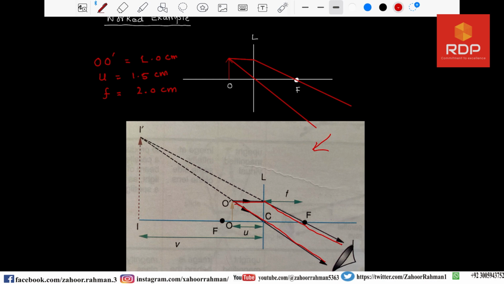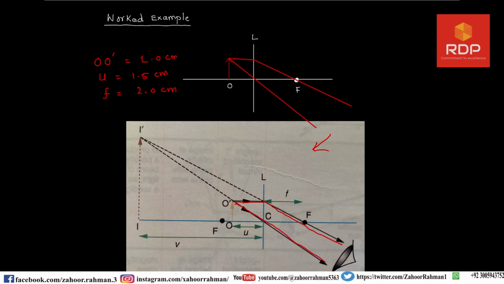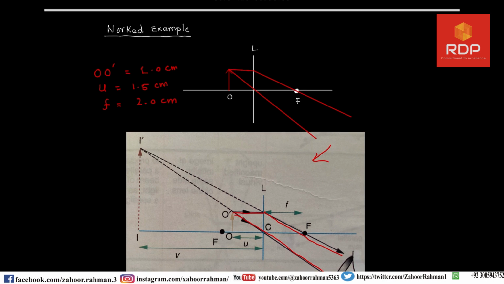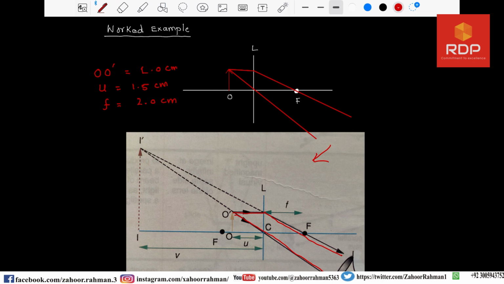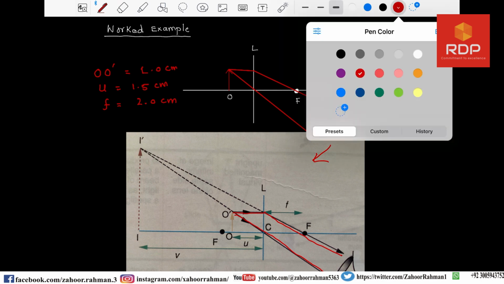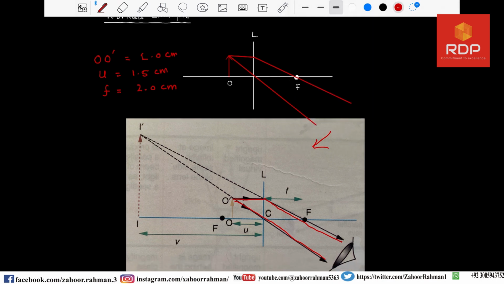Whenever we want to make an image, if these two rays were meeting at some point in this location, we could write that here as well.